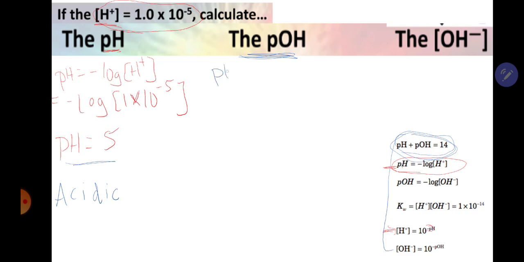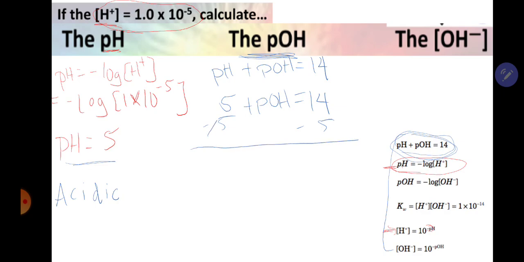So pH plus pOH is 14, that means I have 5 plus pOH is 14. We take off the 5s. My pOH is 9.